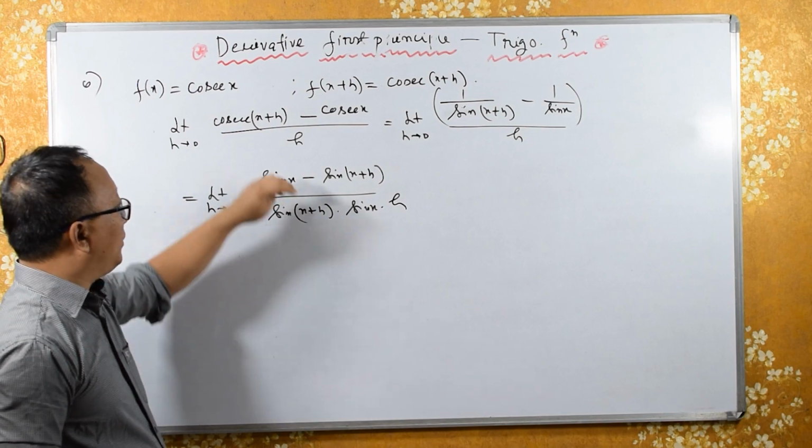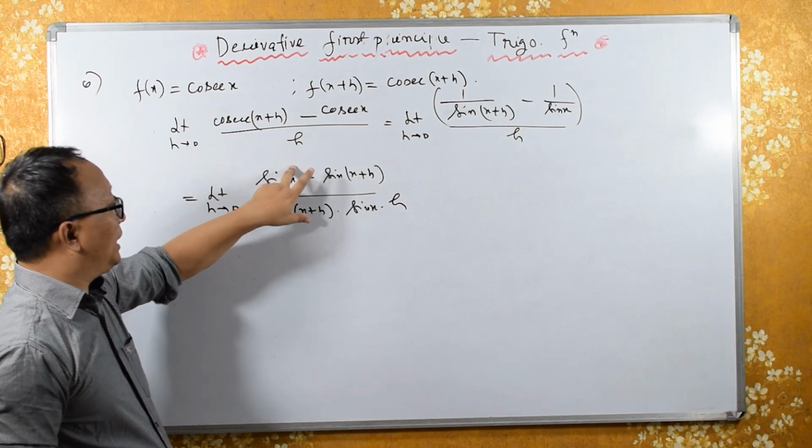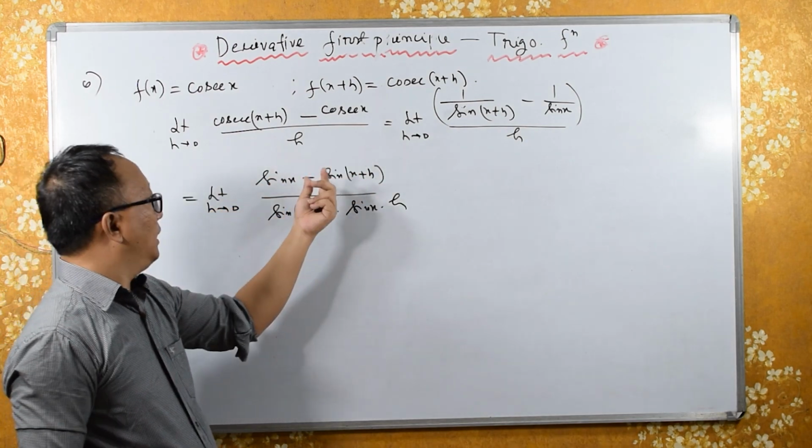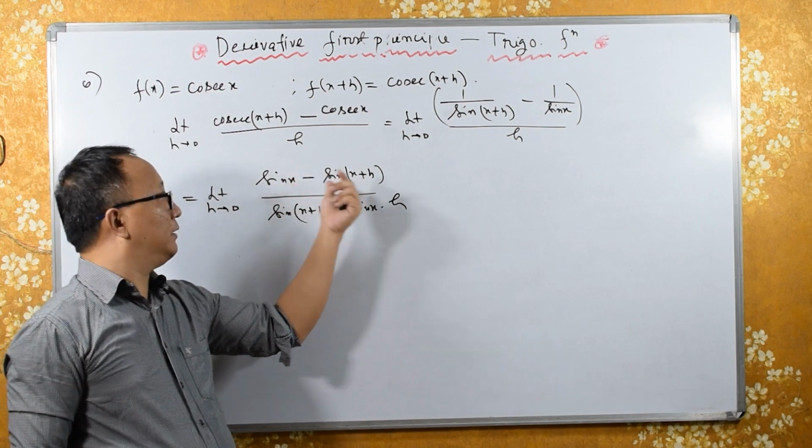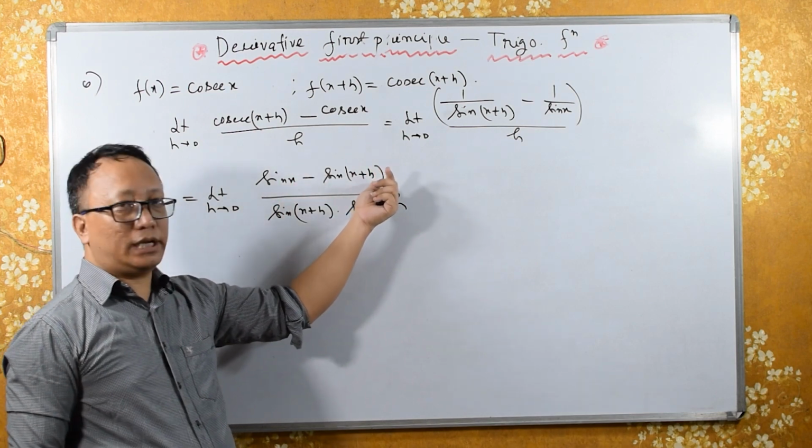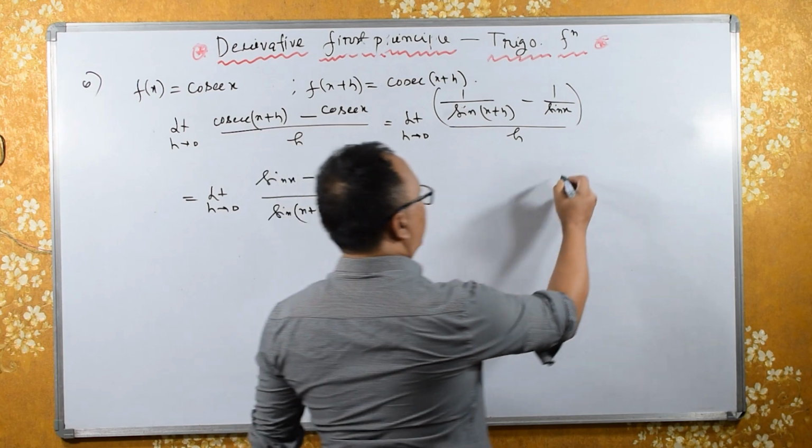So what we have to do is apply the sine c minus sine d formula. You consider x as c and x plus h as d. I will write over here the formula.